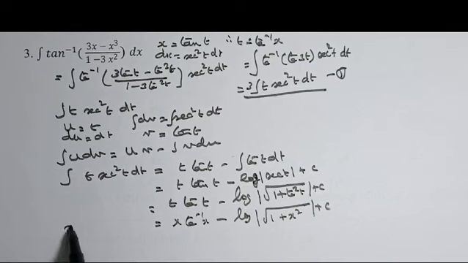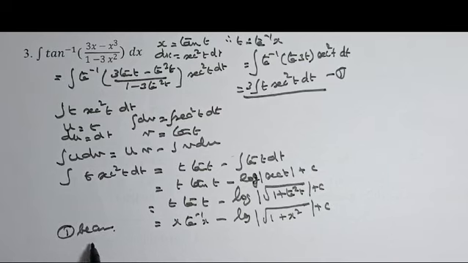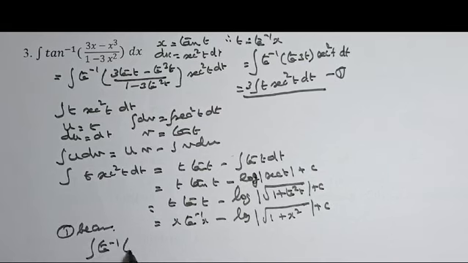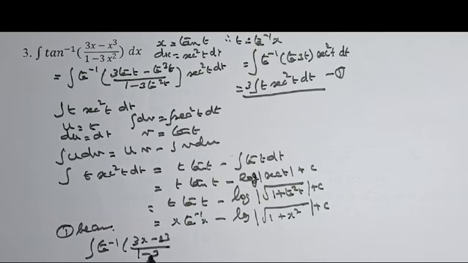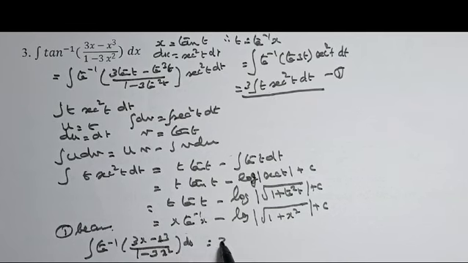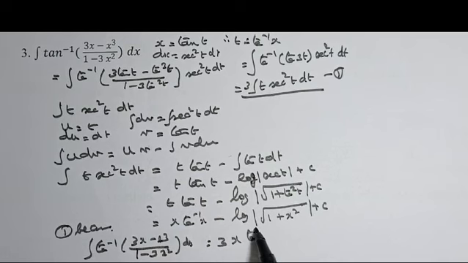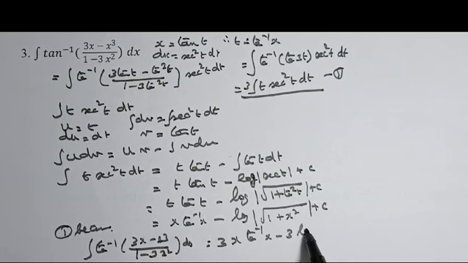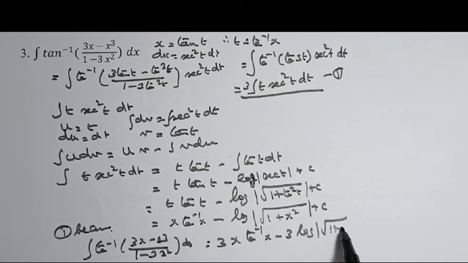Now 1 becomes the given integral, tan inverse of (3x minus x cube) by (1 minus 3x squared) dx, equal to 3 into this value of integral t secant square t dt: 3x tan inverse x minus 3 into log of modulus root of 1 plus x squared, plus c.